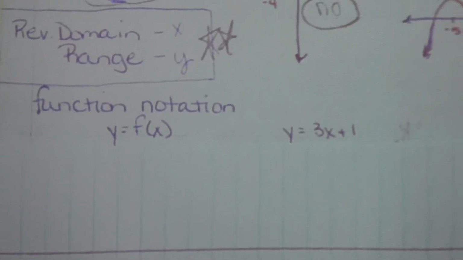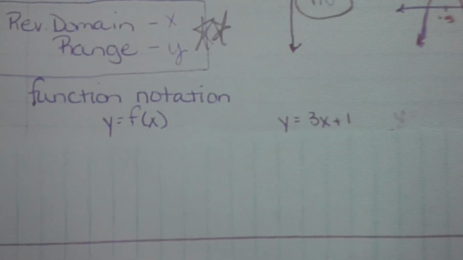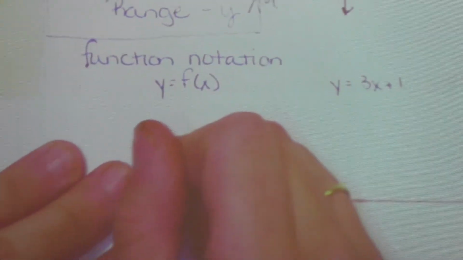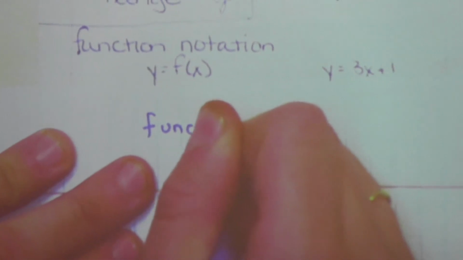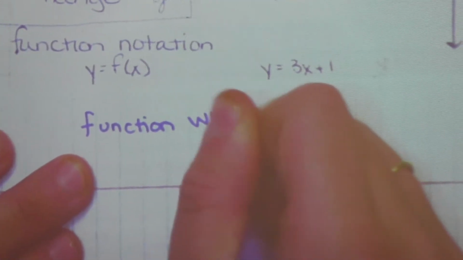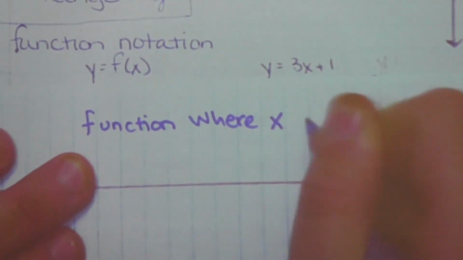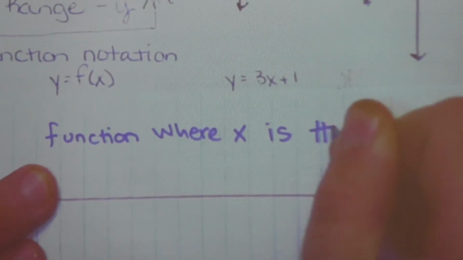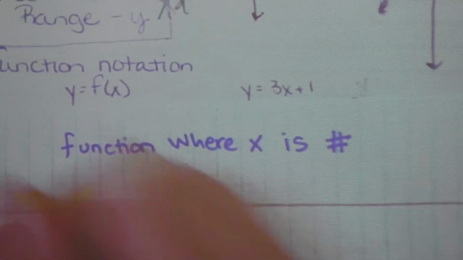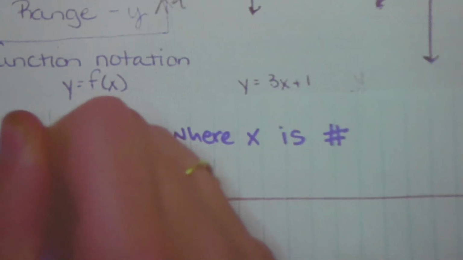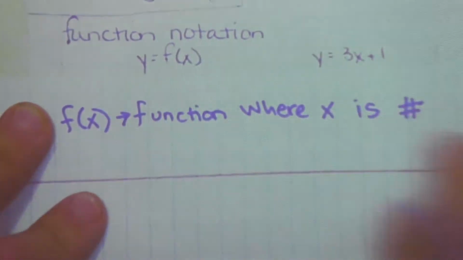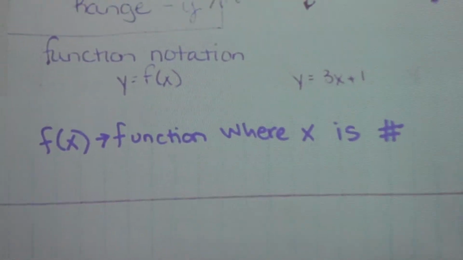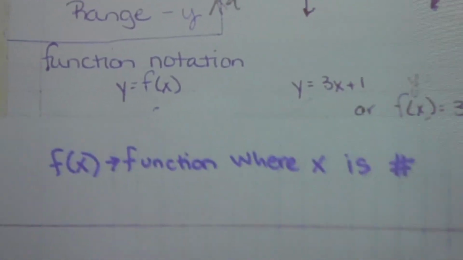When you see f of x, it means you're solving a function where x is a specific value, okay? That's what f of x means. That you're solving a function where x is a specific number or value.